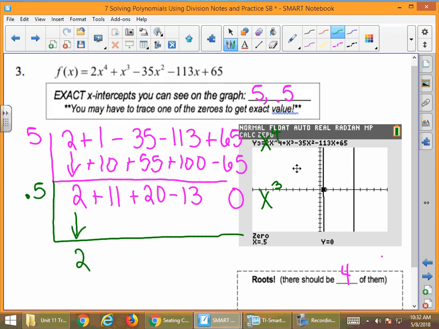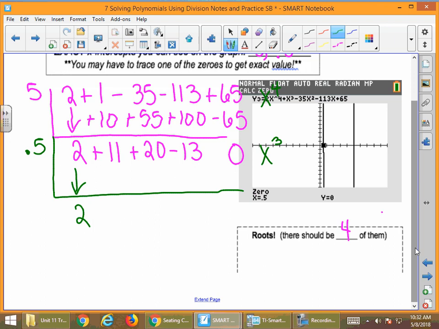We're going to carry down the 2. 0.5 times 2 is 1. 11 plus 1 is 12. 0.5 times 12 is 6. And 20 plus 6 is 26. 0.5 times 26 is 13. And negative 13 plus 13 is 0.